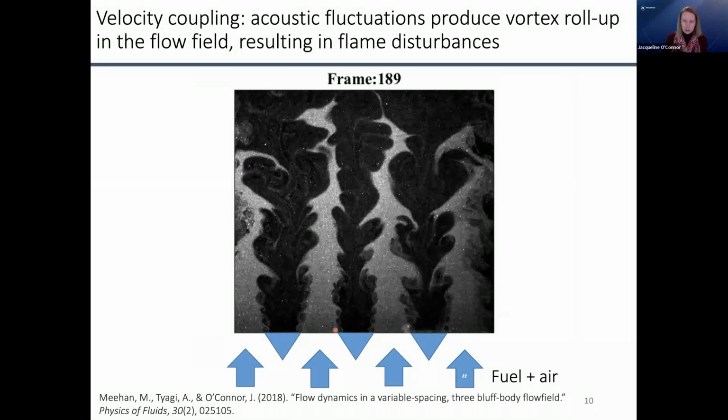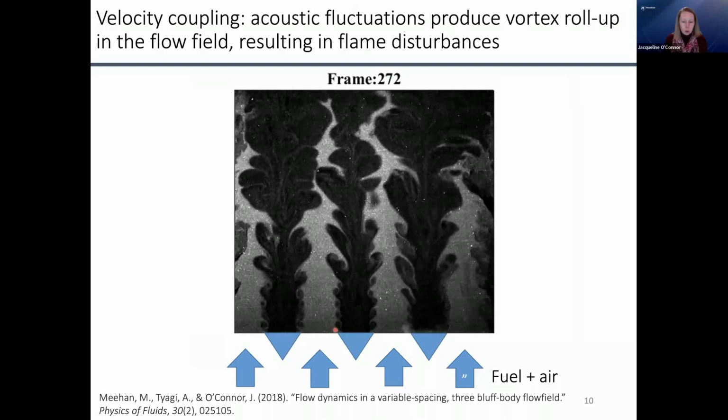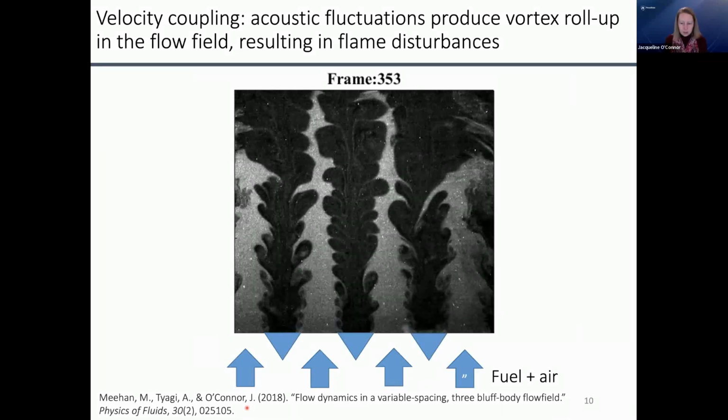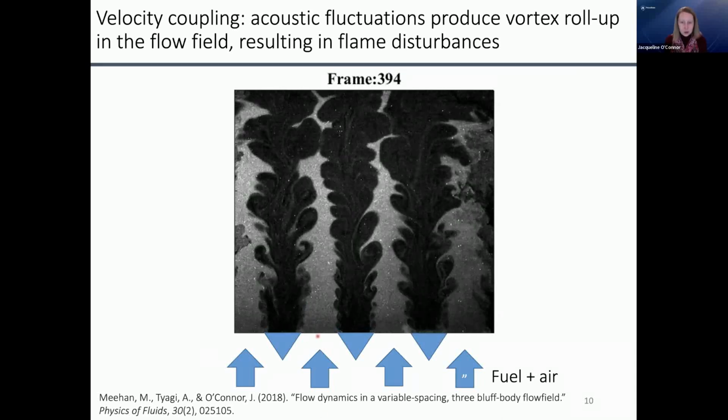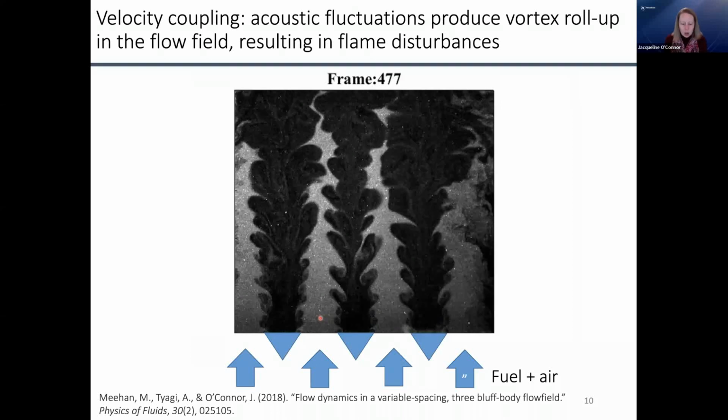And again, this goes back to the thermoacoustic feedback cycle. So for more details on this experiment, we have a paper in Physics of Fluids that talks a lot about the natural dynamics of these flames, which are kind of fun.